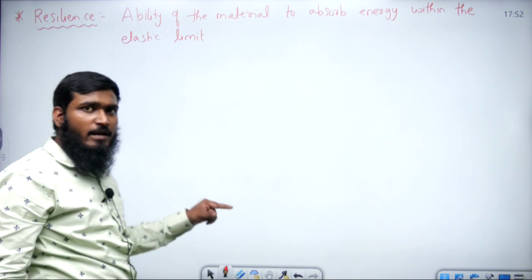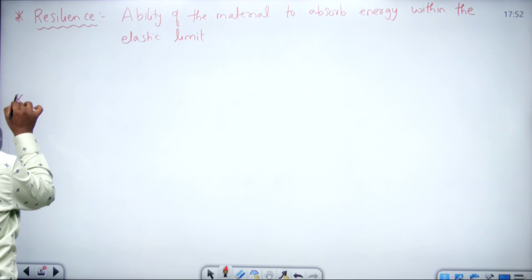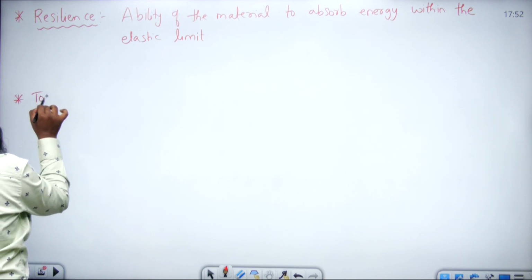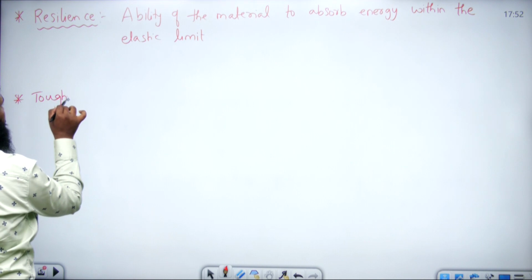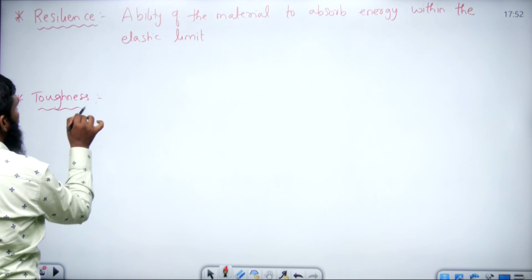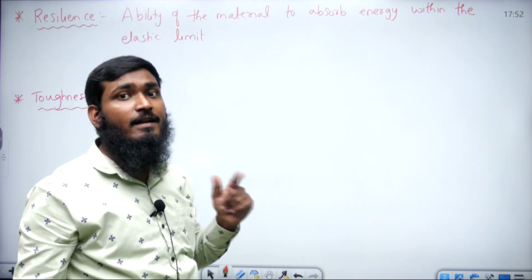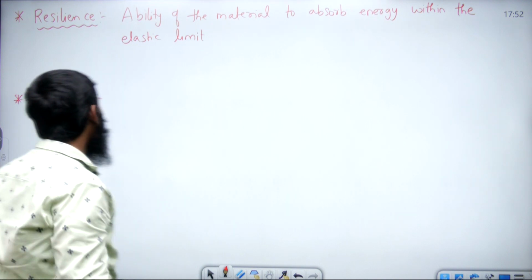Now similarly, we have a similar definition for one more property, which we call toughness. Like how we have written for ductility and malleability, similar definitions we have taken now. Similarly over here, we have taken resilience and toughness.